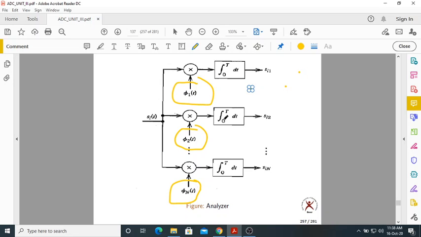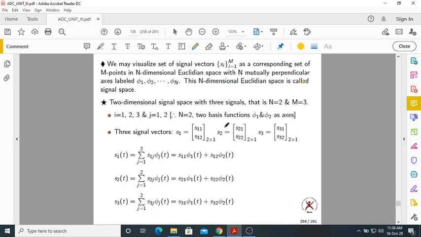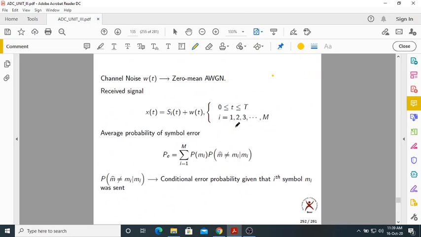Why? Because this is a discrete or digital communication where at each and every T seconds we get a new symbol. The next symbol would be independent of the previous symbol, so they are highly independent. We don't bother what happens after capital T seconds. Let me go back to the basic diagram.